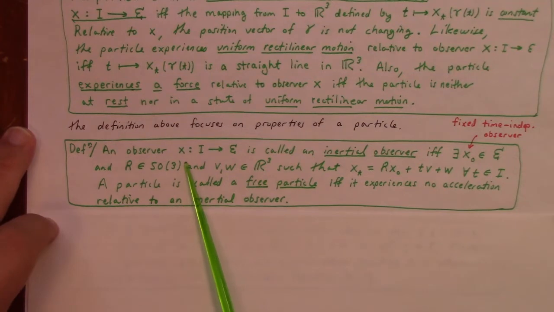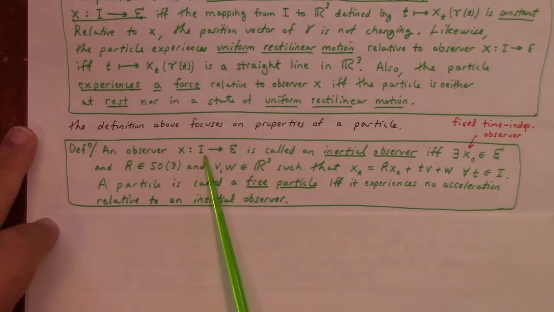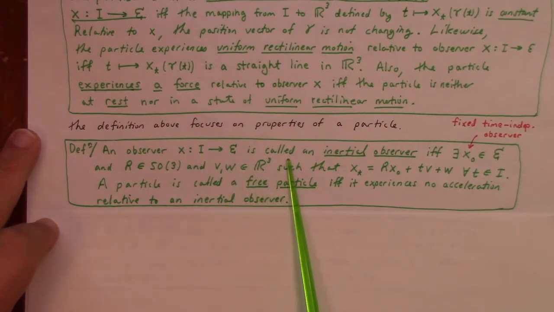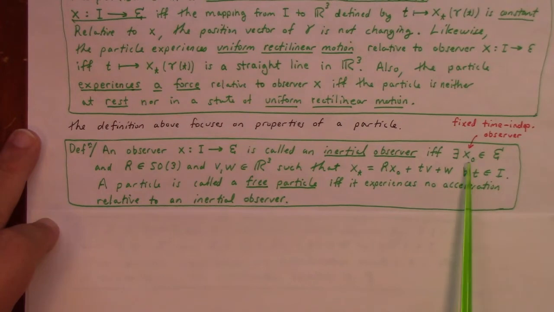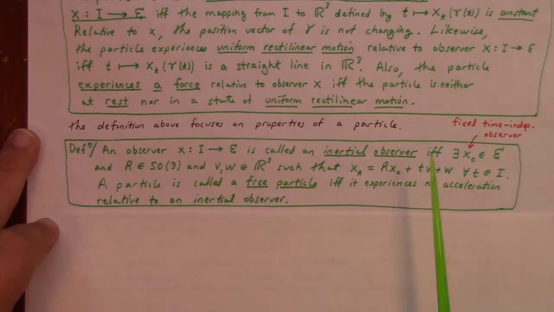An observer from time intervals into the Euclidean structure is called an inertial observer if and only if there exists a fixed time-independent observer, x naught, and an R in SO(3), a rotation matrix, and v and w in R^3 such that x of t is equal to R times the fixed observer's position, plus t times v plus w.